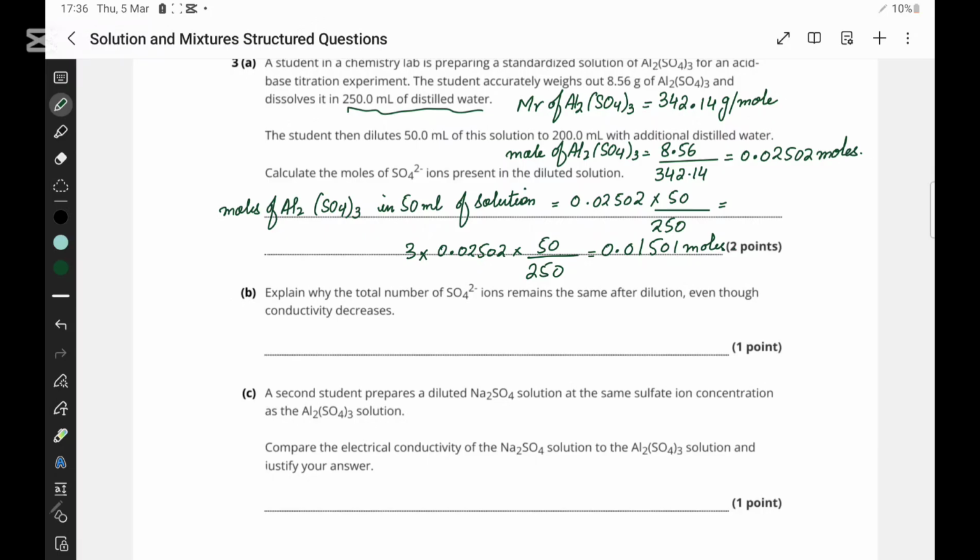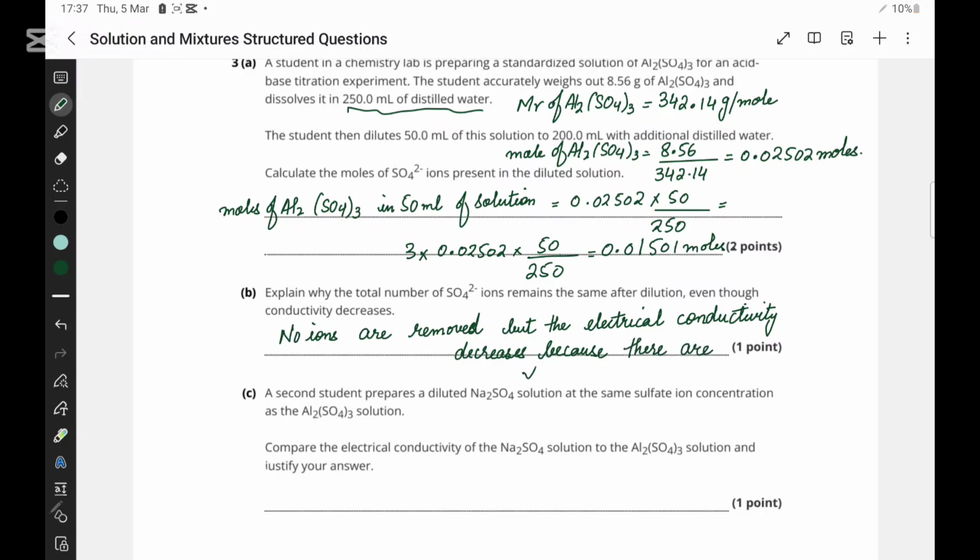Because no ions are removed, but the electrical conductivity decreases, and the reason is that there are fewer ions per unit volume.